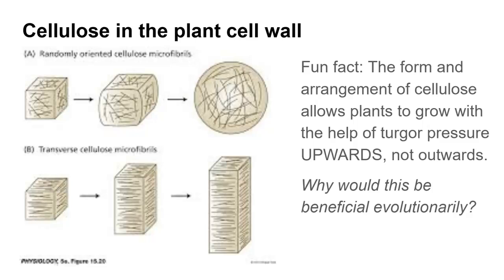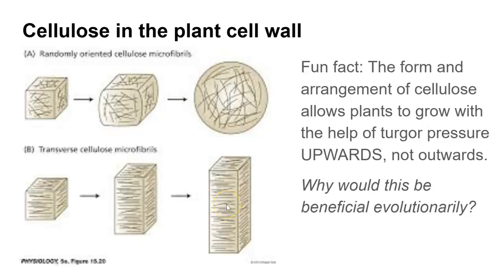This is offering structural support in the plant cell wall, and it is fascinating to me to realize that plants have figured out that by laying down these cellulose fibers in this organized way, it allows them to grow upwards instead of outwards.